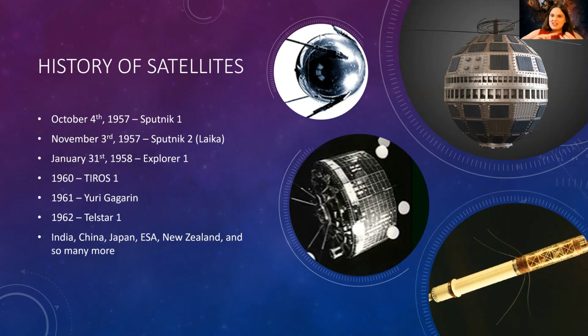Today we have India, China, Japan, European Space Agency, most of the European countries, New Zealand, and several more countries that have launched a satellite into space. So what started off as a fight between two people turned out to be something good because it opened the door for other people to launch information up into space.